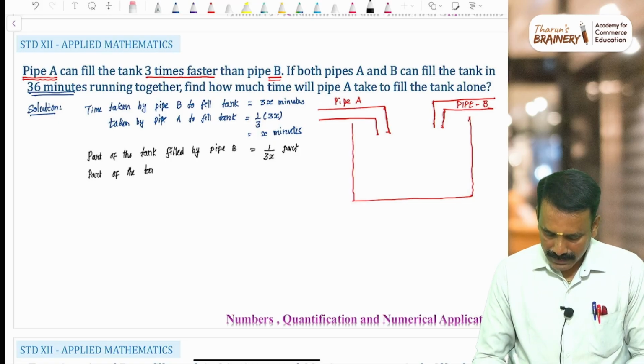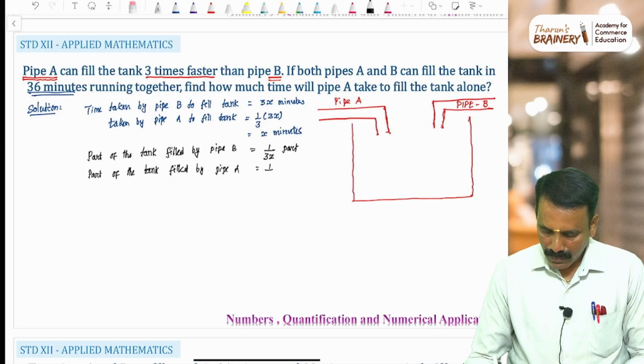Part of the tank filled by pipe A will be equal to 1 by x part.